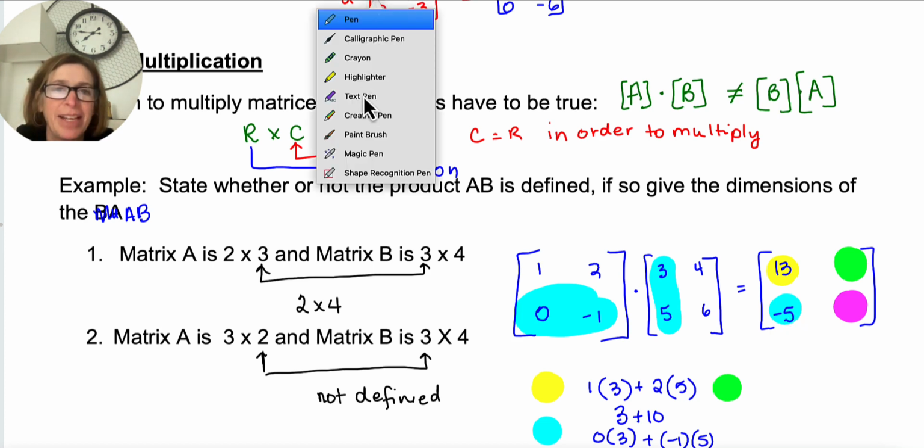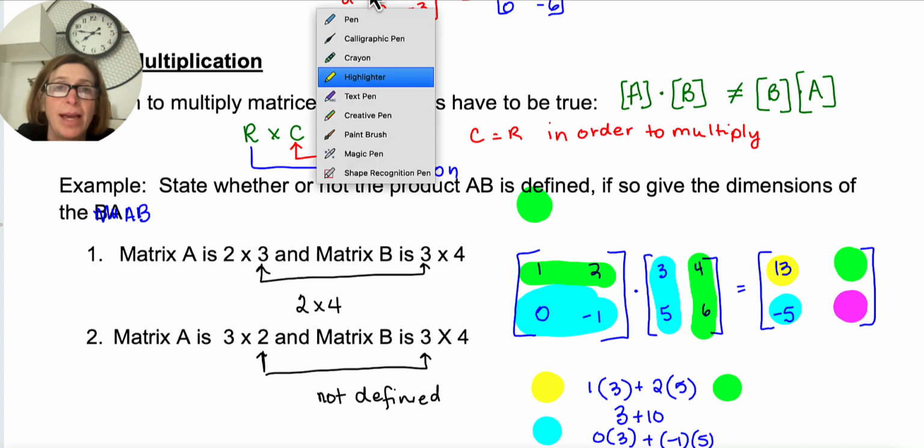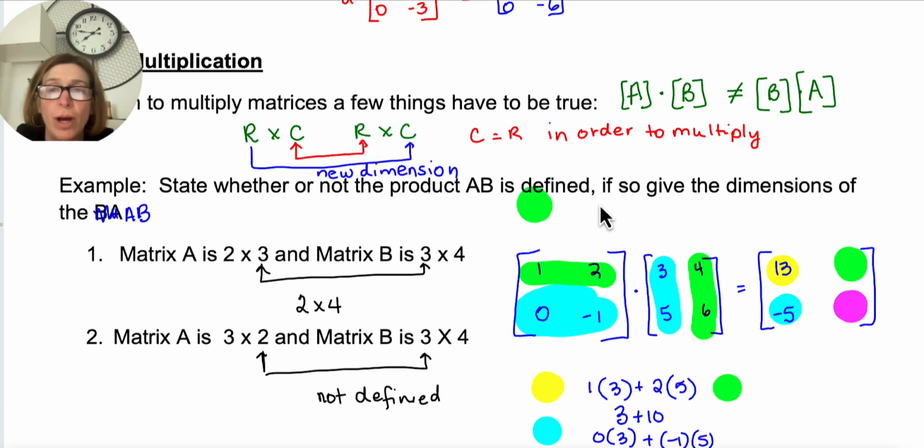Let me get my green highlighter. Green would be this row, this column. So I'm going to do 1 times 4 plus 2 times 6. That's going to be 4 plus 12, which is 16.